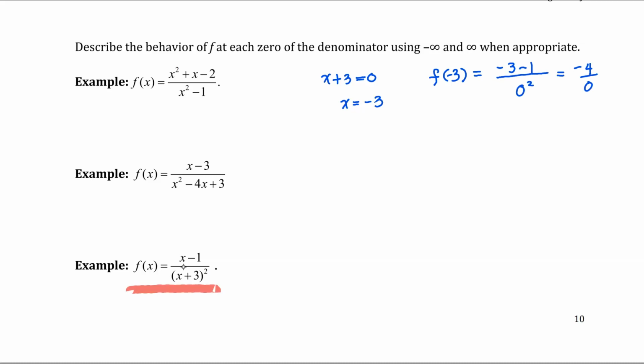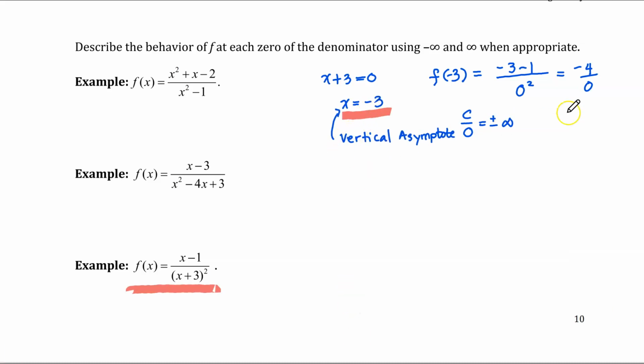And simplifying this, you get negative 4 over 0. So we got something of the form constant over 0. So if you have constant over 0, that means this one is just either a plus or a minus infinity. So this means that at x equals -3, we have a vertical asymptote.